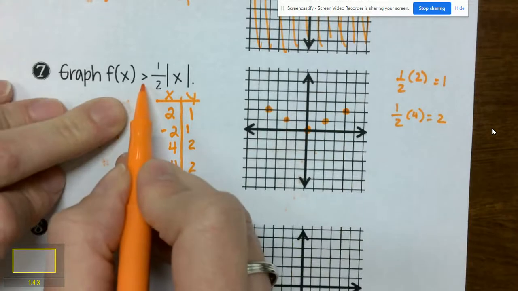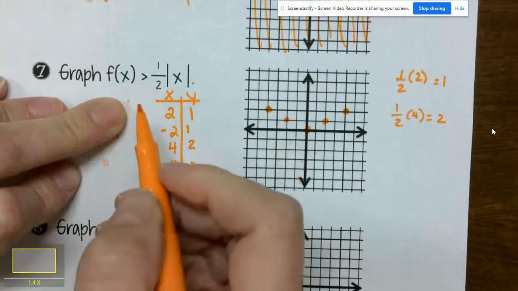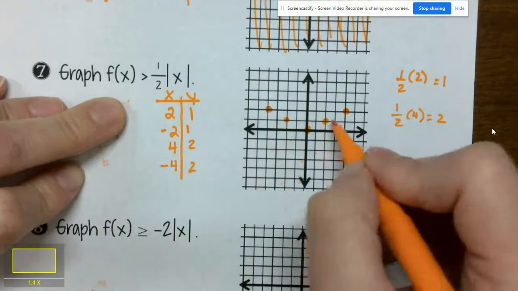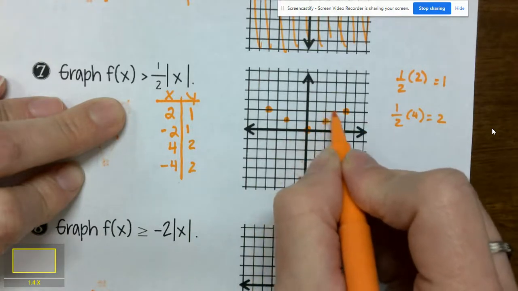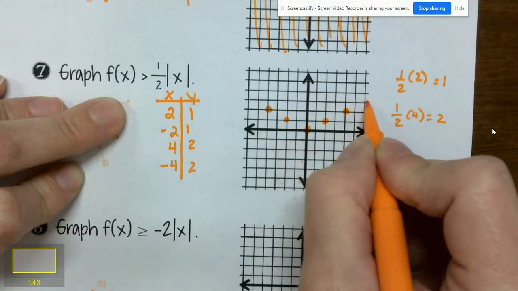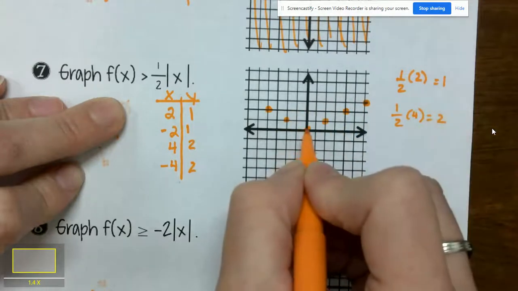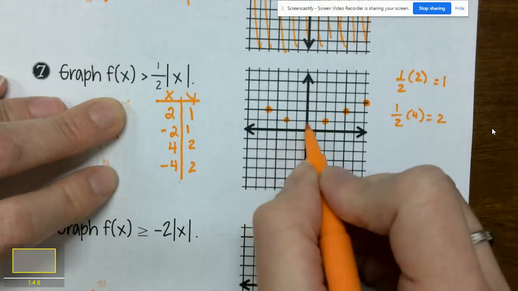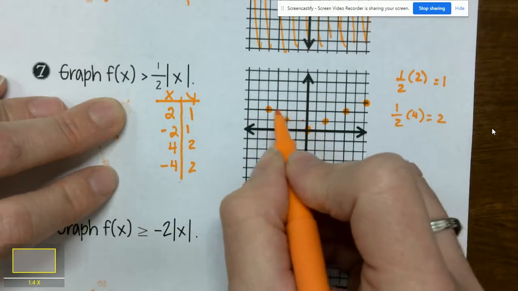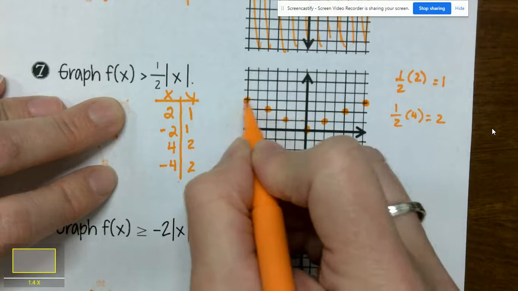Okay, now, this does not have an equal to with it, so that means that I'm going to have a dotted line. Now, you can tell this is going up 1 and to the right 2, up 1, right 2, up 1, right 2. Okay? Up 1, left 2, up 1, left 2, up 1, left 2.